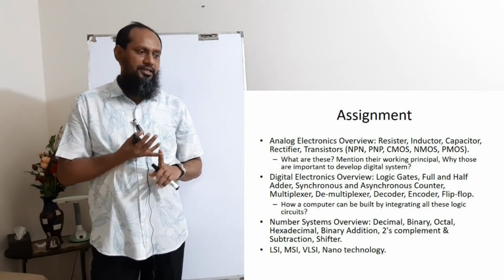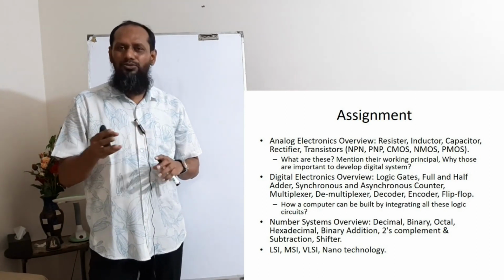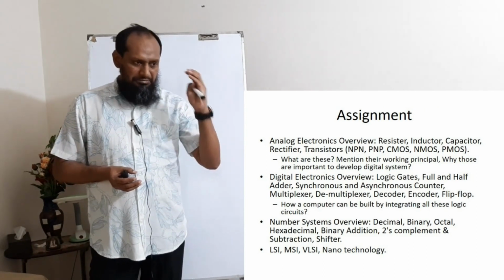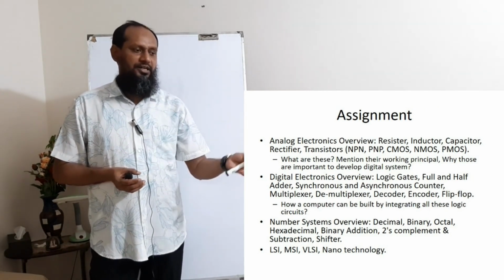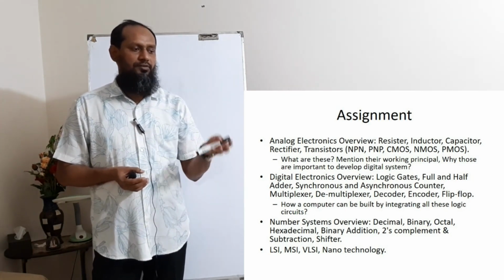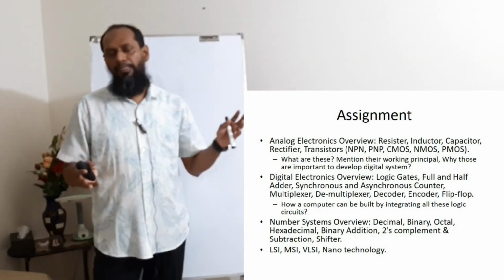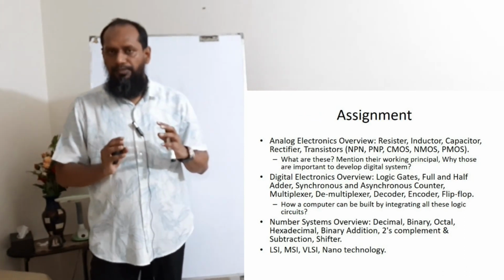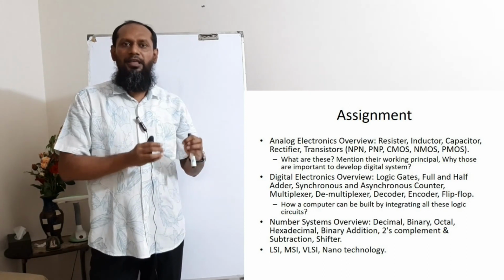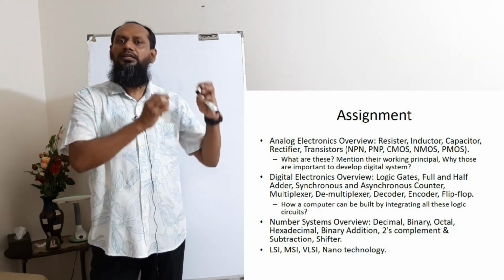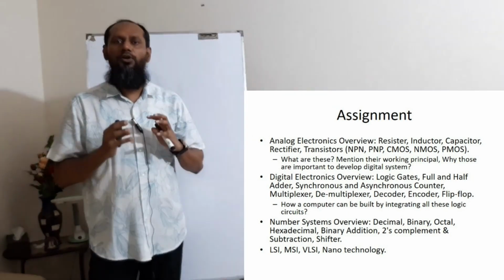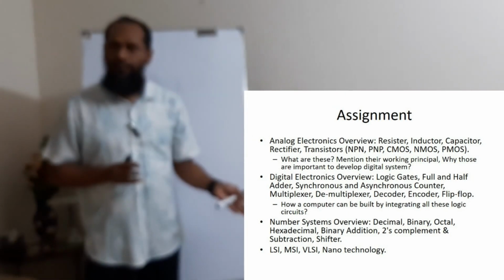The second thing is a digital electronics overview, as you learned in your DLD course. So logic gates, full adder, half adder, synchronous and asynchronous counters, multiplexer, demultiplexer, decoder, encoder, flip-flop, etc. The most important part is you have to think, search, and say how these digital logic components are important for building a computer.